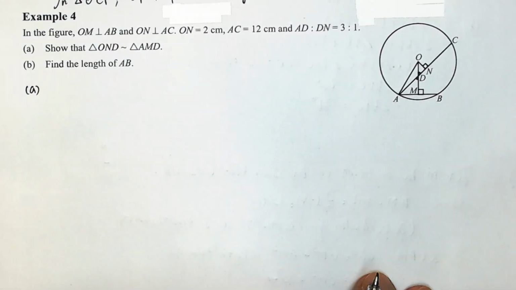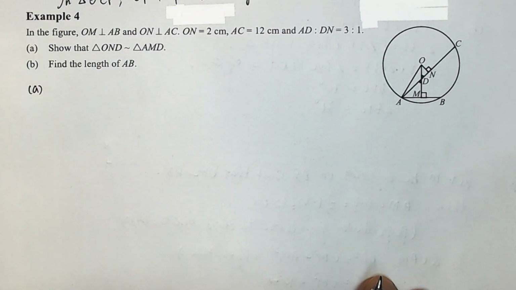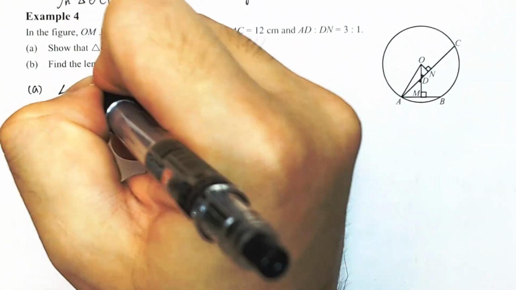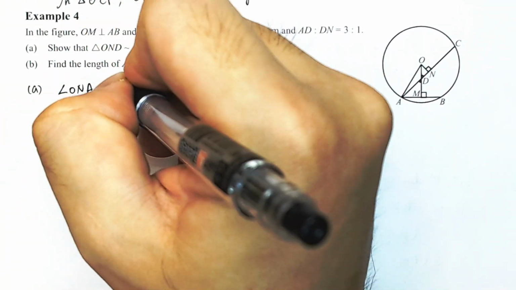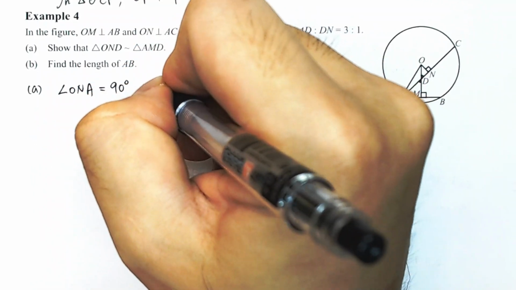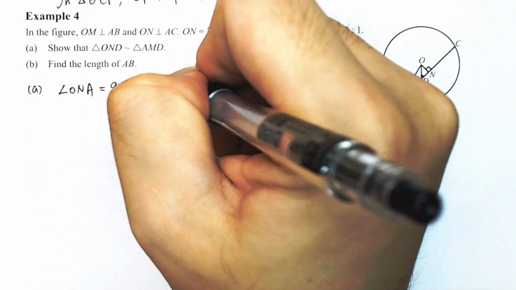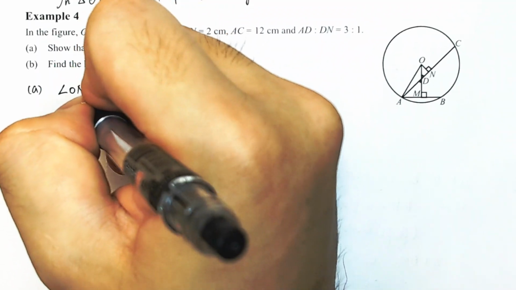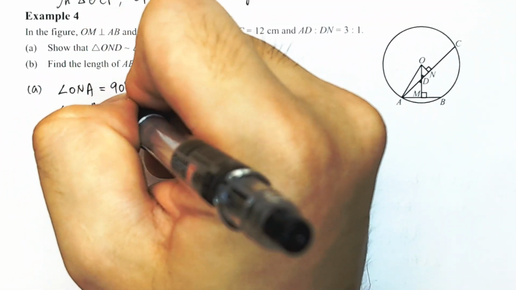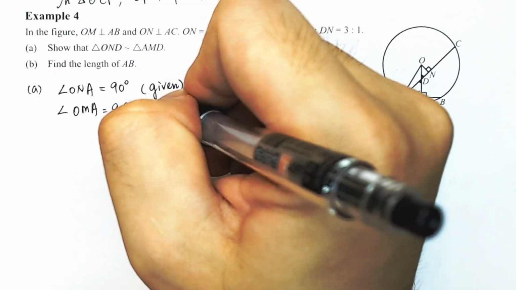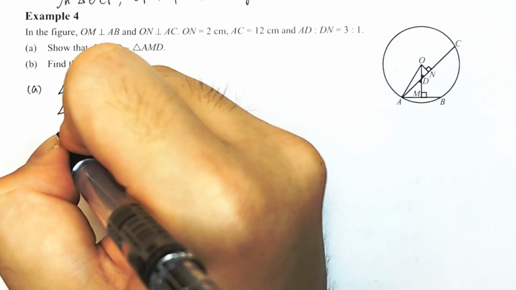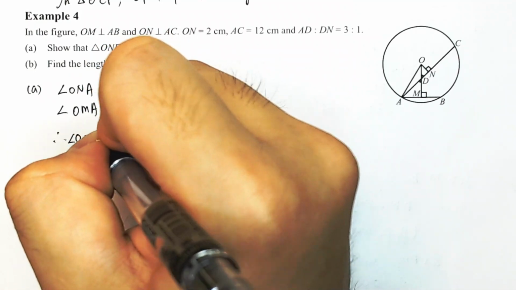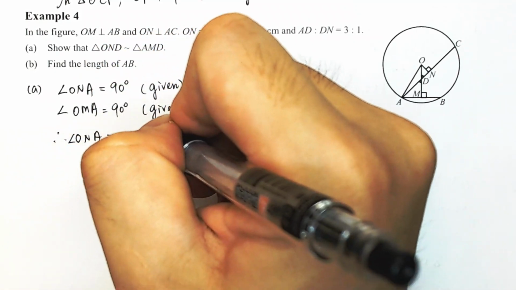So part A, we can do it in this way. We will write angle ONA is equal to 90 degrees, which is given, and angle OMA is also 90 degrees, which is given. Then angle ONA is equal to angle OMA.